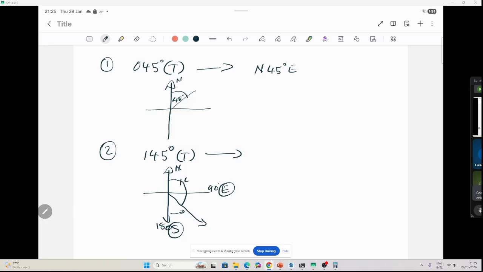If this is 145, this angle is 180 minus 145, which is how much? 35 degrees, isn't it? Yeah, so the quadrantal course is going to be south 35 degrees east. Are we clear? Yes, sir.